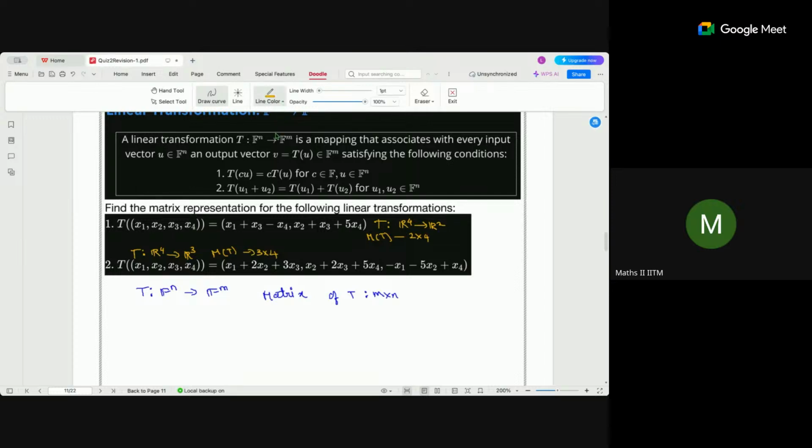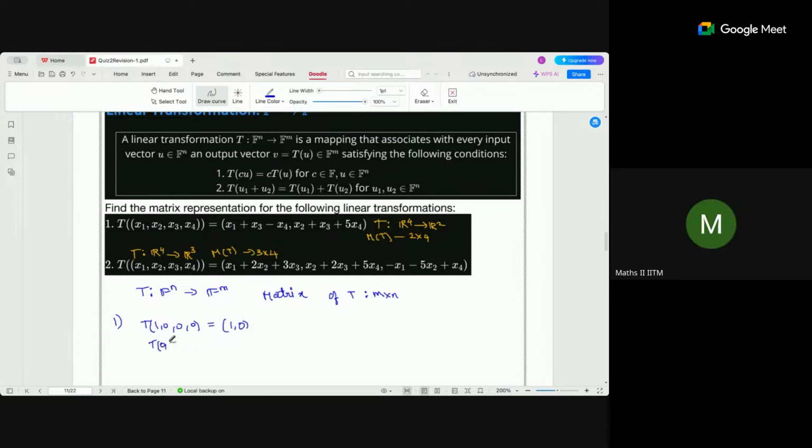Now how do you write the matrix representation? If you are not given any specific basis, then we use the canonical basis. First we find T of 1, 0, 0, 0. For this case, it is 1, 0.